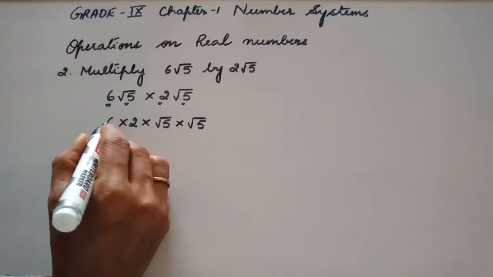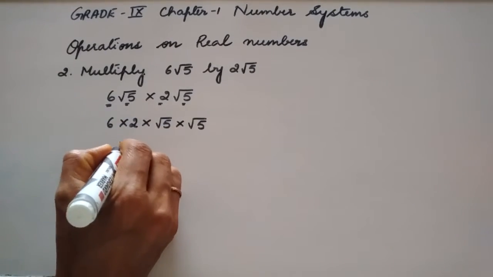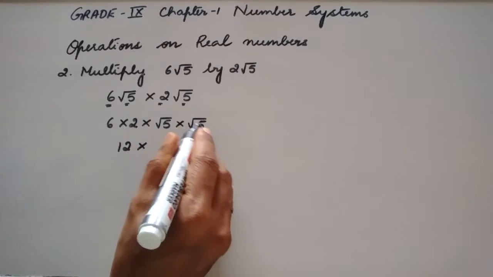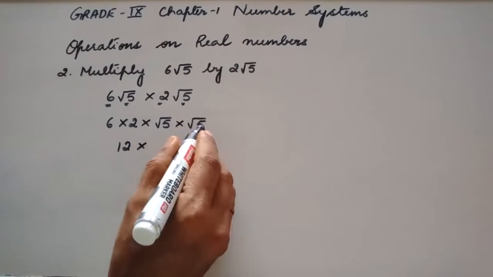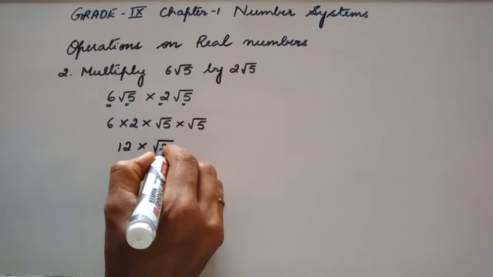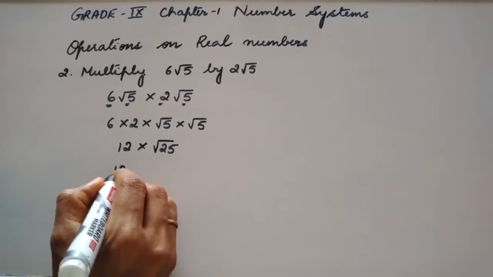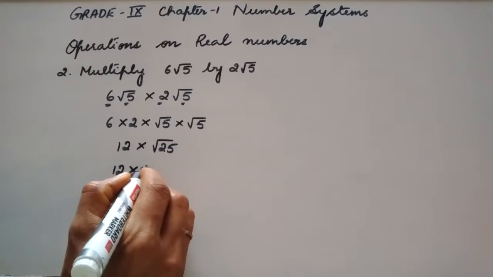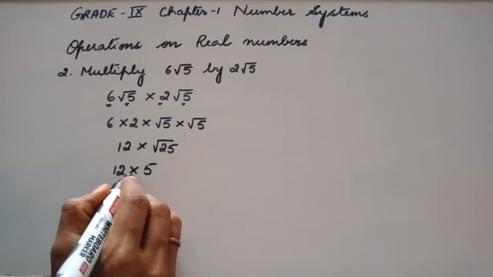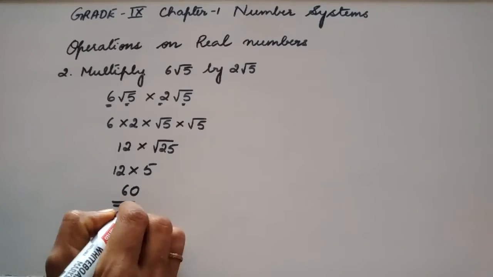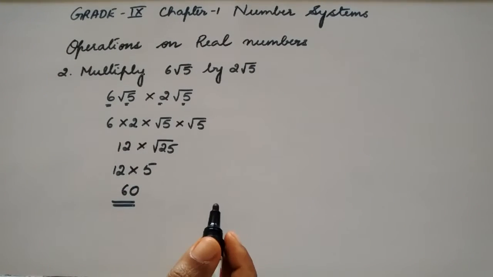So 6 twos are 12, into √5 into √5, that is 5 fives are 25, so we get √25. So 12 into √25, which is 5, so 12 into 5 is 60. So the product is 60.